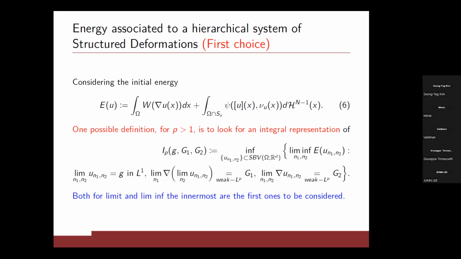So considering the energy associated to a triple little g, capital G1 and G2 to be the most economical way of obtaining it as a limit of energies of simple deformations. So this energy E of u will now be taken as a repeated limit, first in n2, then in n1, and then infimizing over all the possible sequences u_n1 and u_n2 converging to this triple. Okay, this is one possibility.